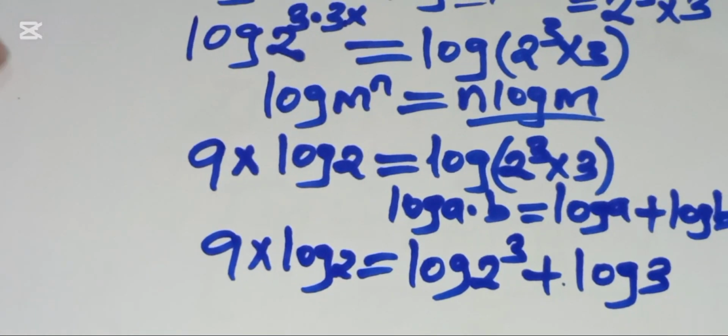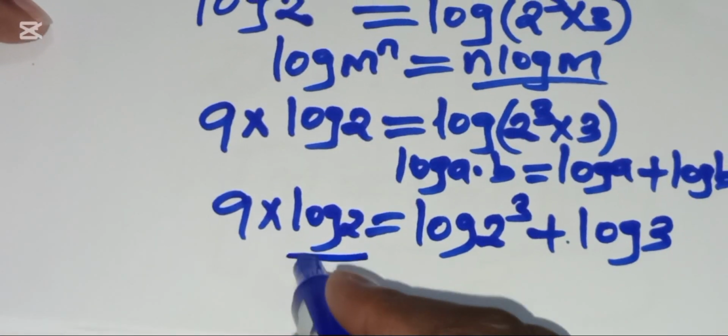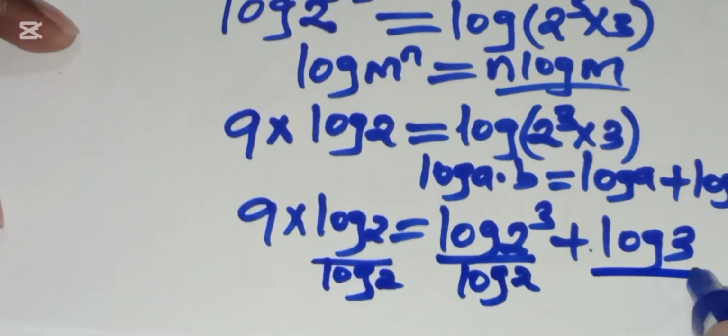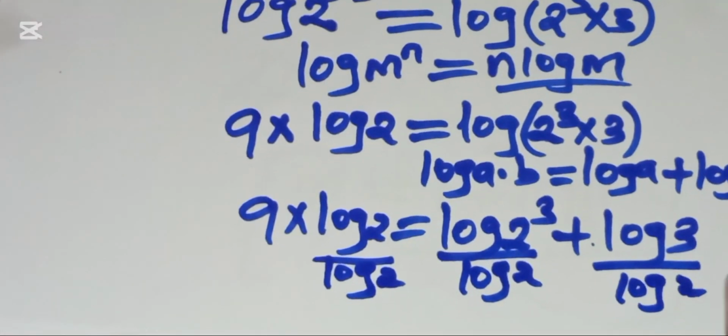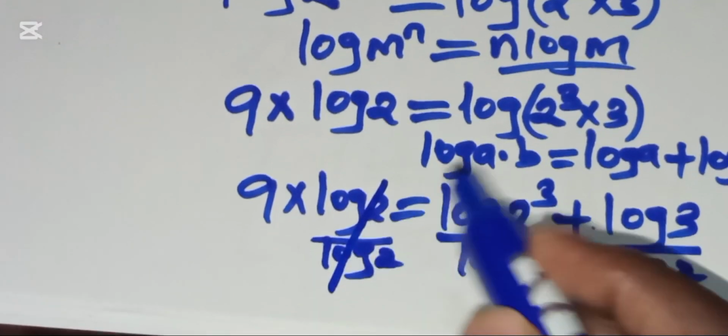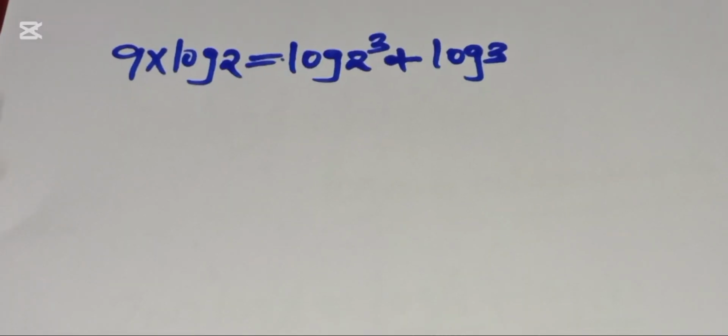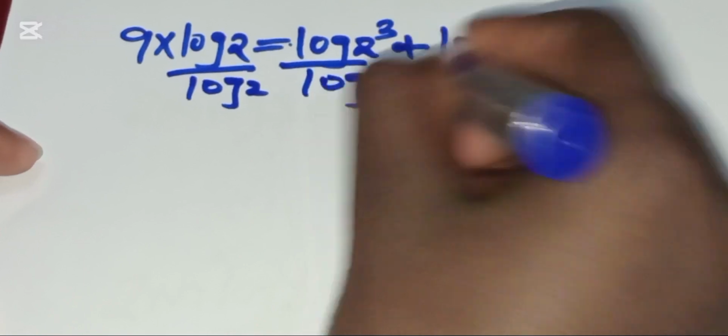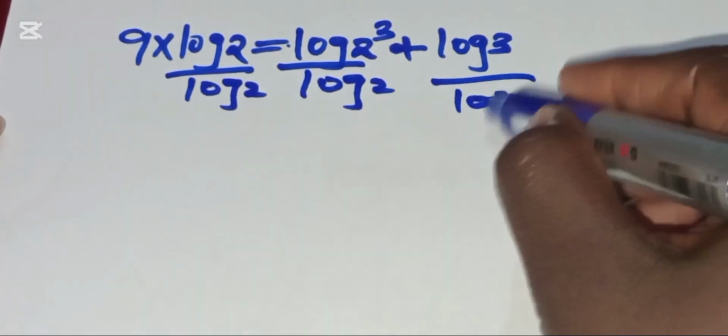So we divide both sides by log 2, and the same case here by log 2, and also the other side by log 2.